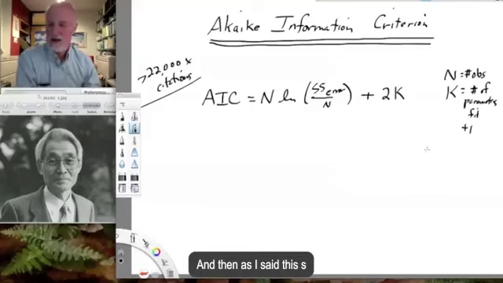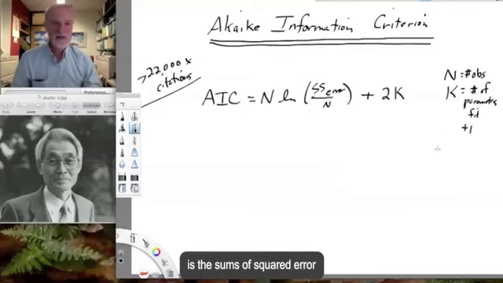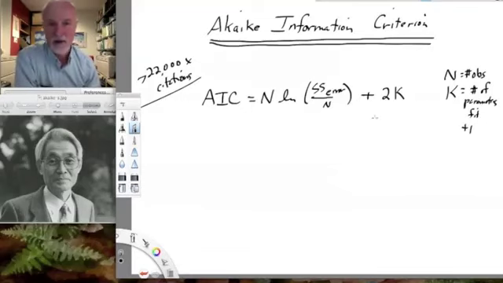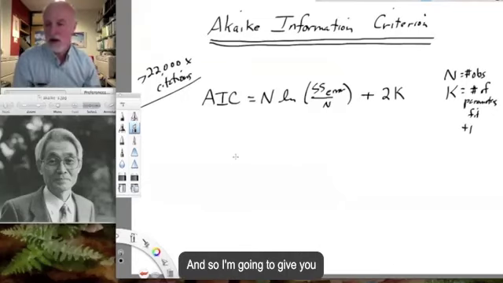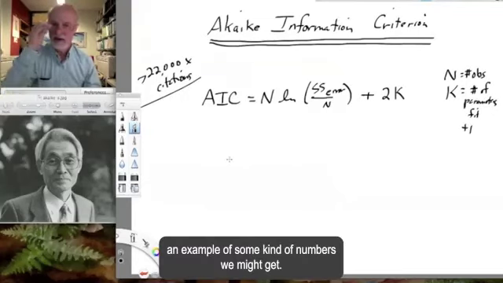And S is the sums of squared error for the model. Okay, and so I'm going to give you an example of some numbers we might get.